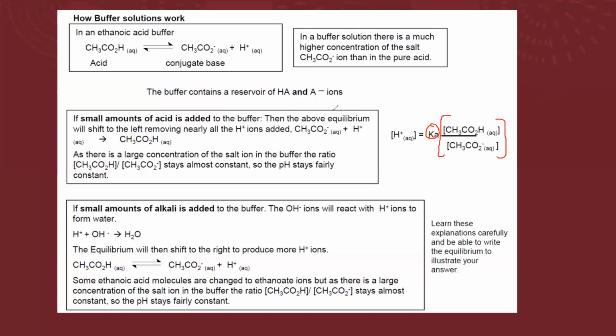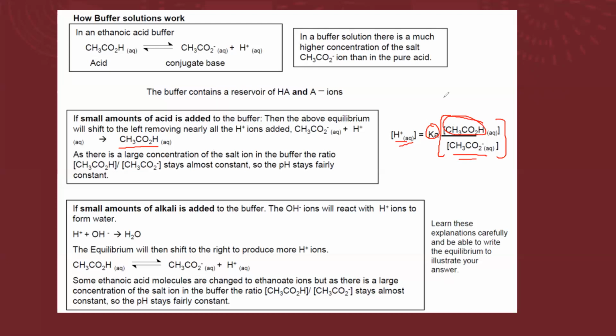What does it result in? Nearly all hydrogen ions which are added are balanced, and it will produce this acid. As a large concentration of salt is there, a small change in this value will not make much difference to the hydrogen ion concentration, so pH will remain constant.